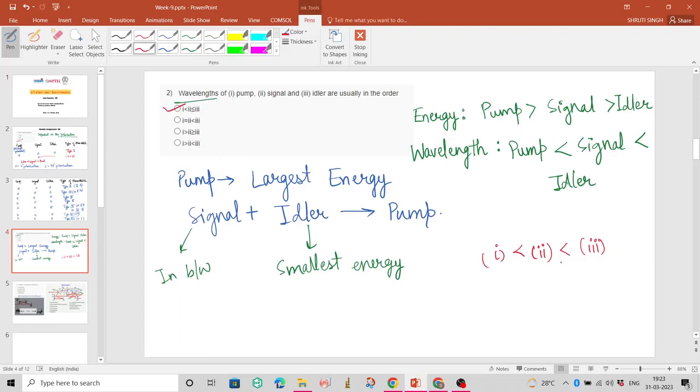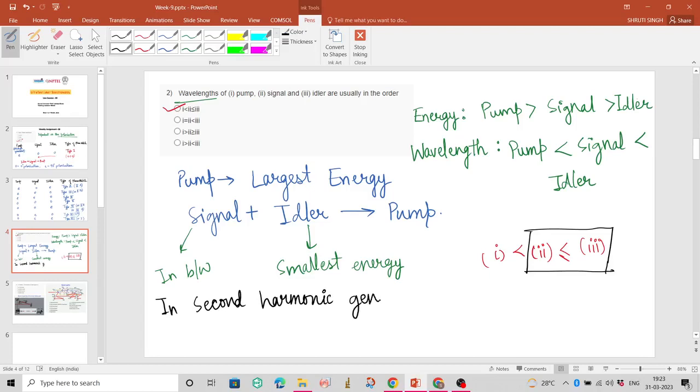Also the signal and the idler can be of the same wavelength. So what happens in this condition? This is true for second harmonic generation.